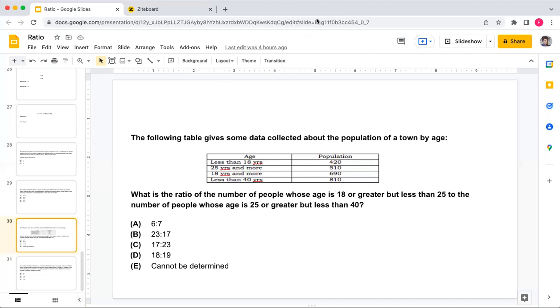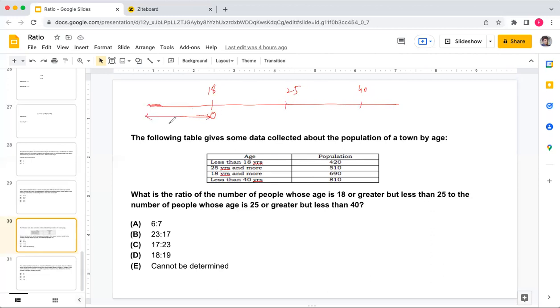Okay, so first try to visualize the scenario. For example, if we have a number line and we have 18, 25, and 40. The first situation is less than 18.